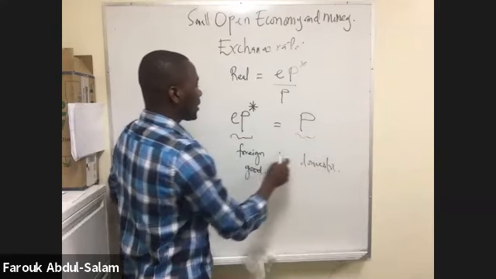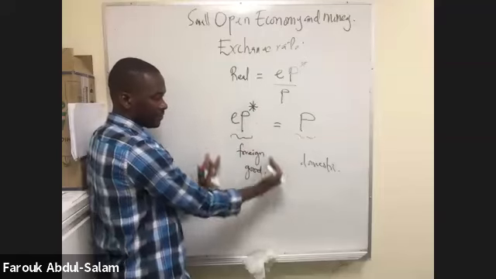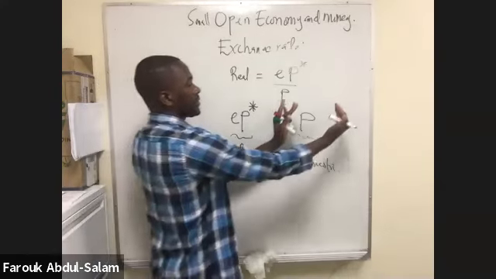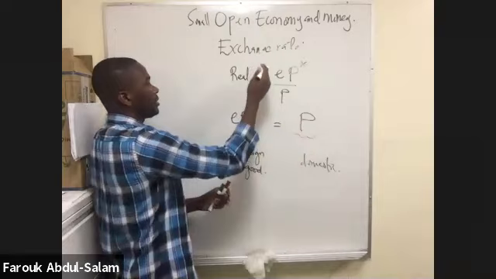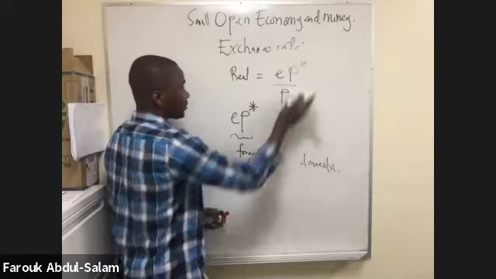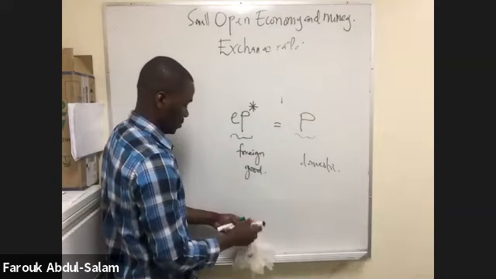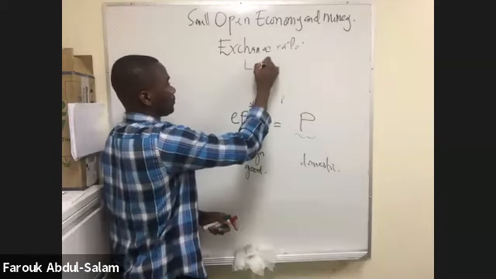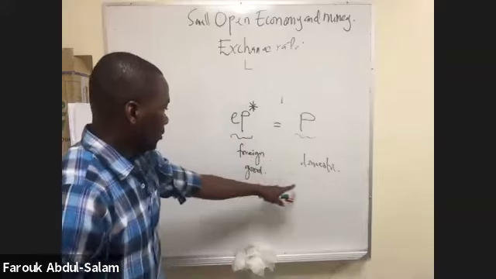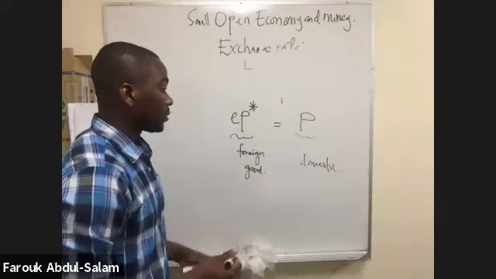Now, the law of one price says that the price that you have to pay for foreign should be the same as the price that you have to pay for the local. So I'm going to write law of one price here. Foreign should be the same as local.